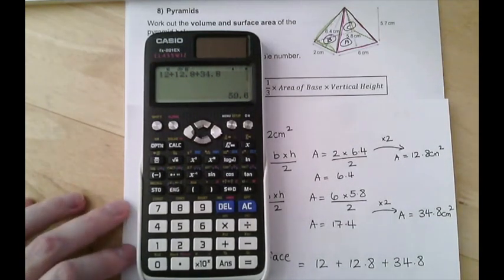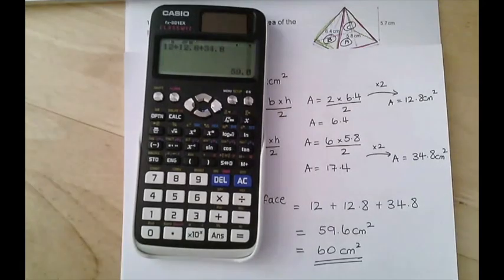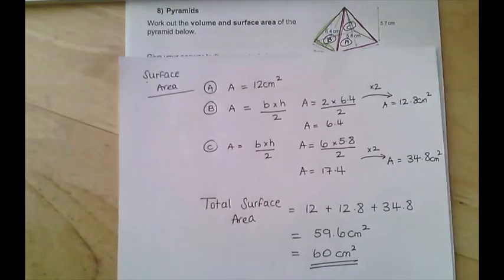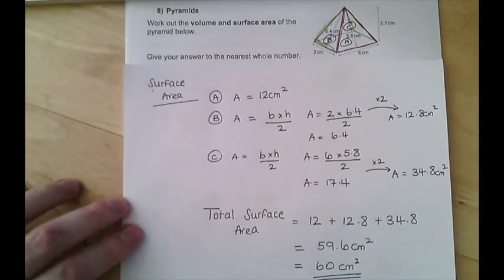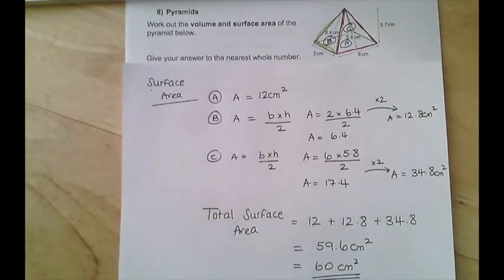To the nearest whole number, that is 60 centimetres squared. So that's how we would find the total surface area of that rectangular pyramid.